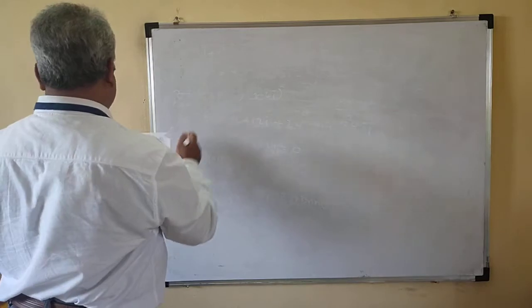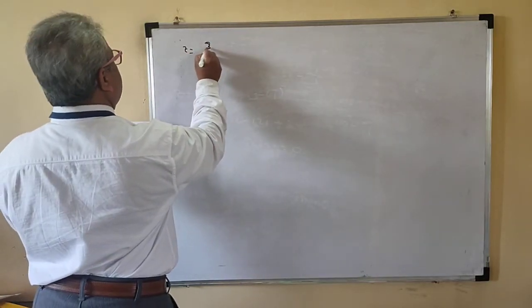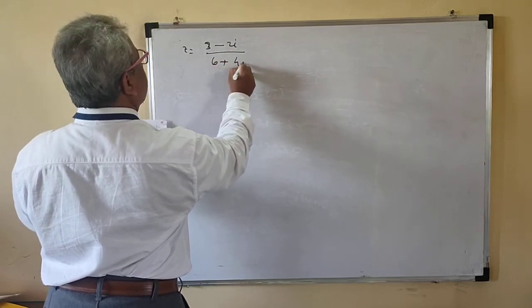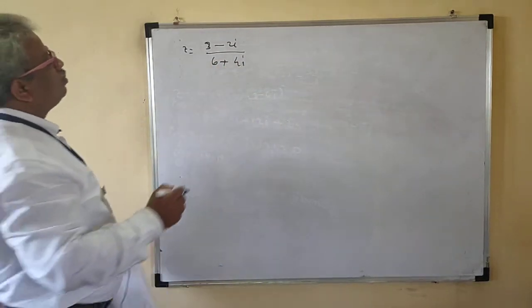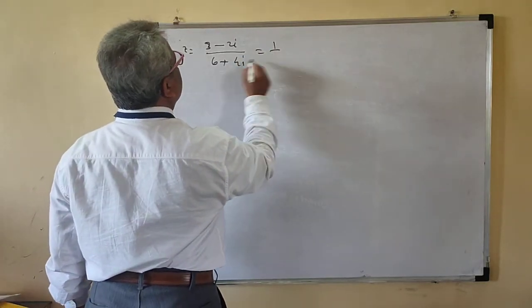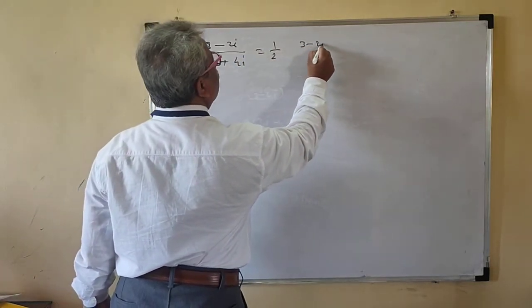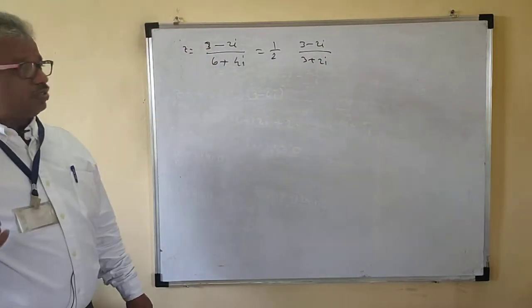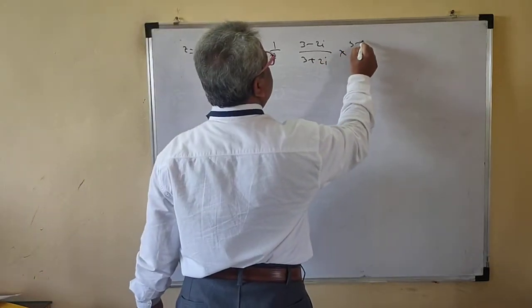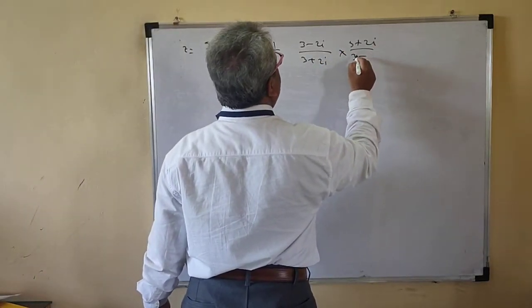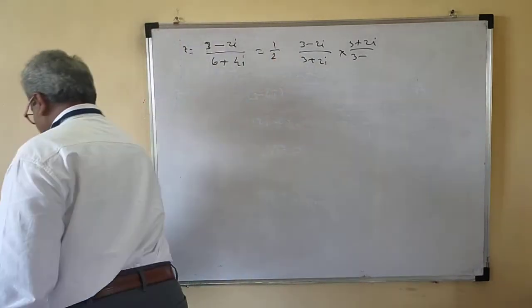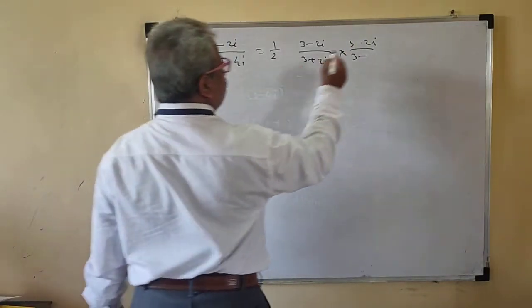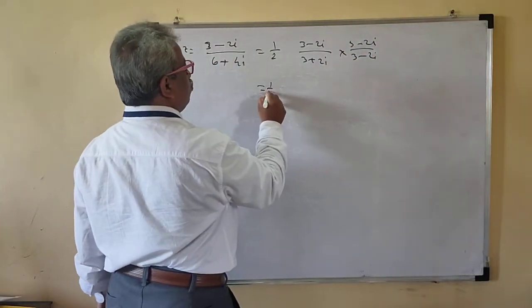Now suppose we have z equal to (3 - 2i) upon (6 + 4i). Now see here, if you take the 2 common, this is (3 - 2i) upon (3 + 2i). So we have to multiply and divide by 3 minus 2i, the conjugate of the denominator. So one half we will keep.